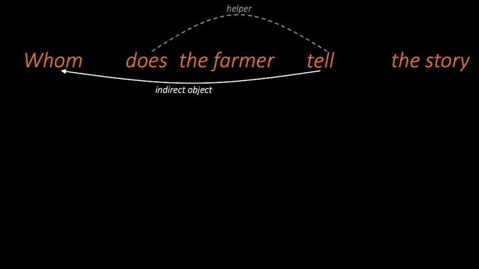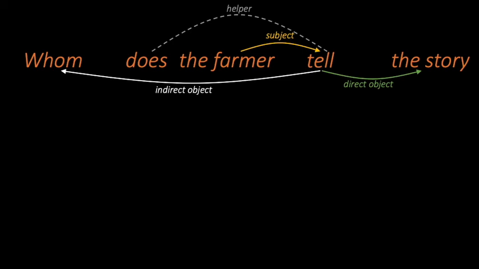Whom is the indirect object of tell. Does is part of the main verb. English will split the verb form with the subject when the sentence is a question. We call does a helper. But the important thing to remember is that the verb form we are trying to render into Latin is does tell. The subject here is the farmer, and the direct object of tell is the story.